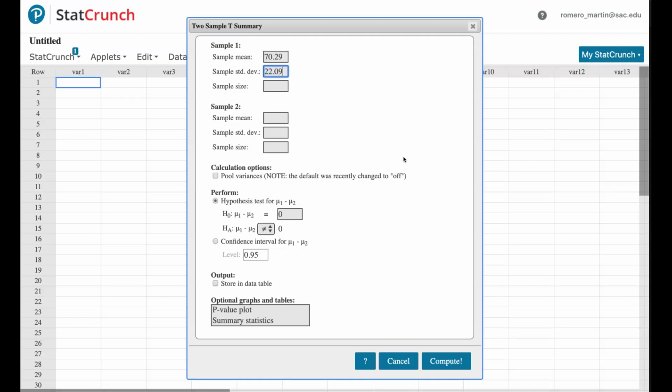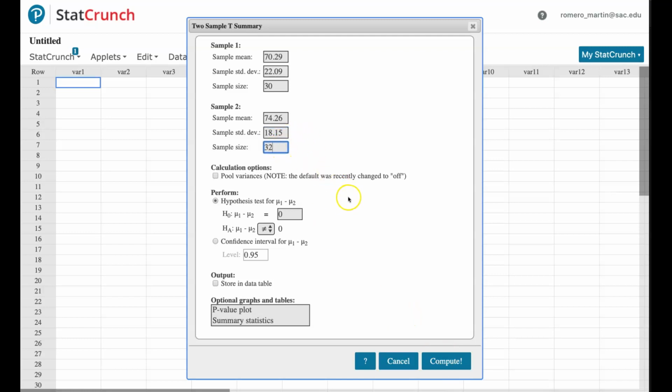So it looks like a lot of variance in the scores. The sample size was 30. For group 2, which was online, the sample mean was 74.26, the standard deviation 18.15, and N is 32.